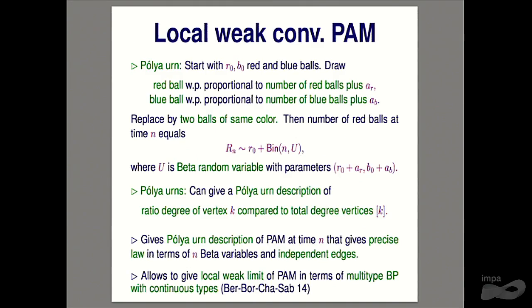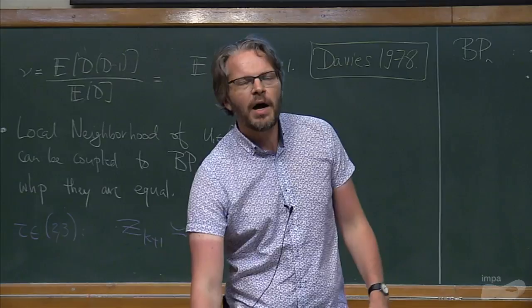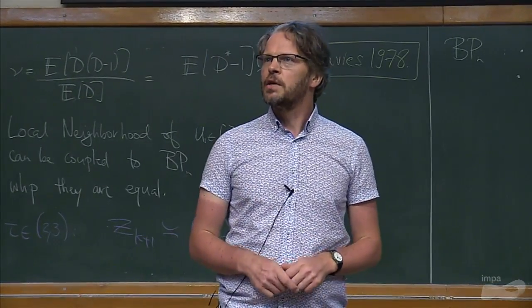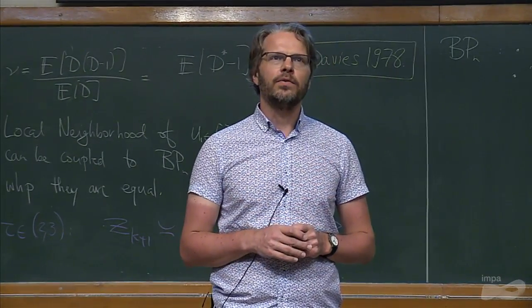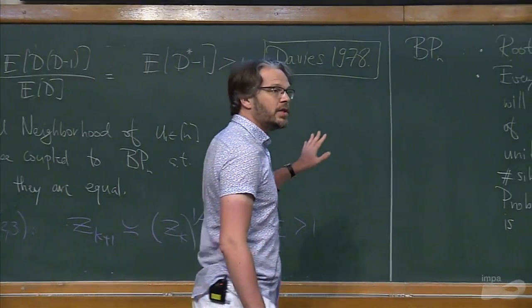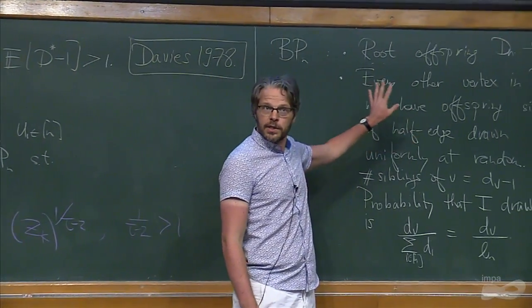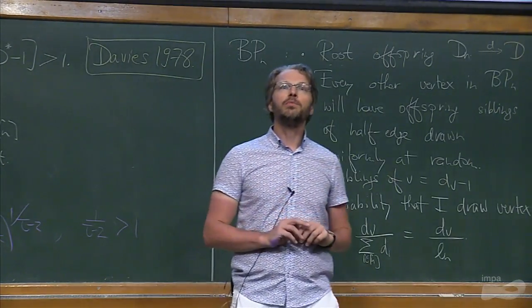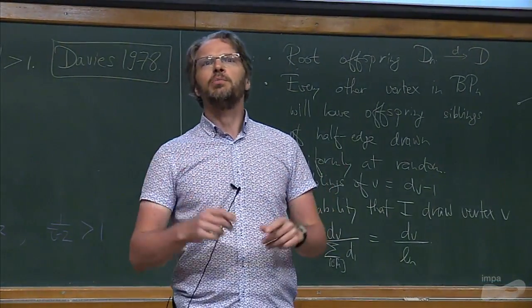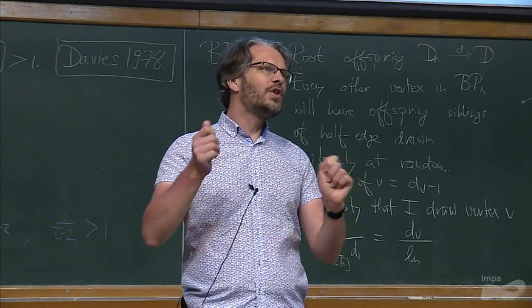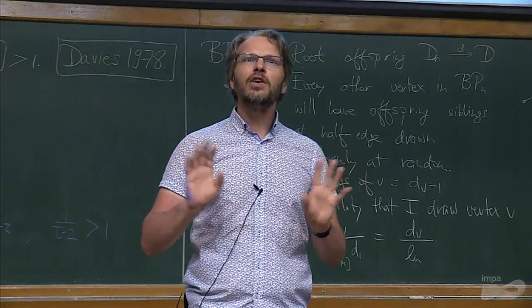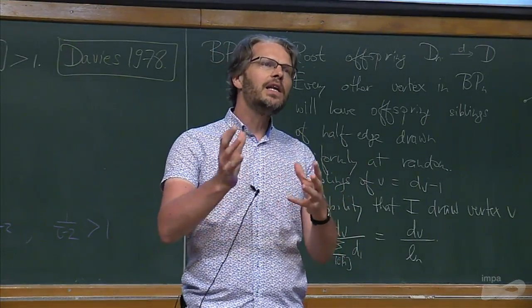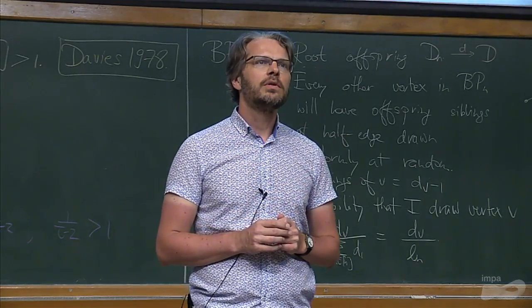Now, in the preferential attachment model, this cannot be the case, because somehow time enters into the picture, and you really have to take that into account. So here it's sort of a homogeneous branching process. If you want to do the same thing for the preferential attachment model, it will be a branching process, but it will be a multi-type branching process with lots of different types, in fact, a continuum of types, basically indicating the age of the individuals.